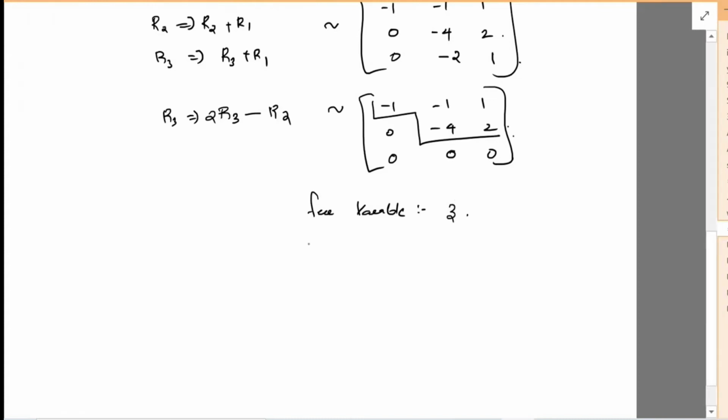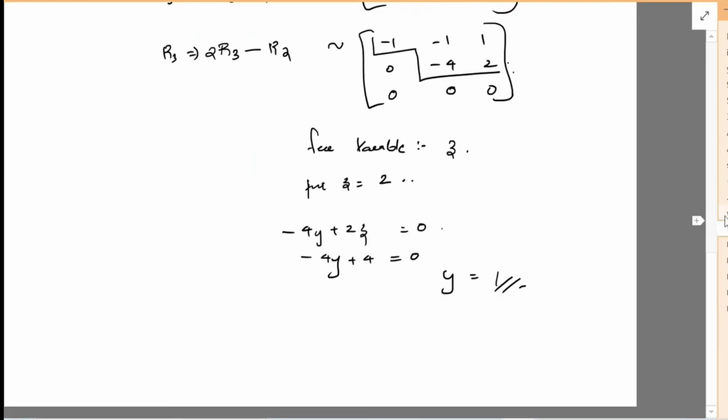So put z equal to some value. Put z equal to 1, or you can give any value. To avoid the fraction, I am giving z equal to 2. The corresponding equation from R2 is minus 4y plus 2z equal to 0. So if z equal to 2, then y equal to 1.